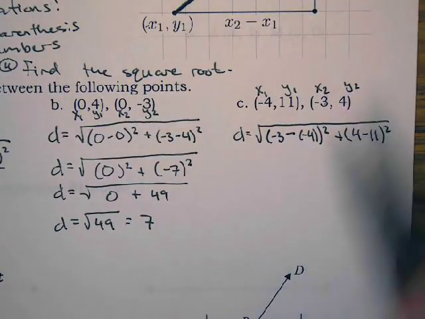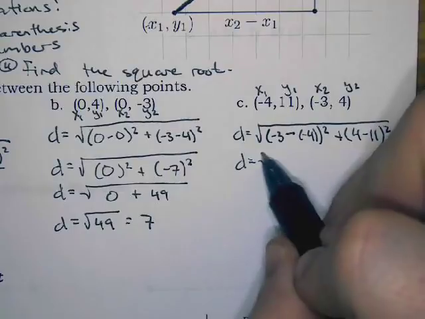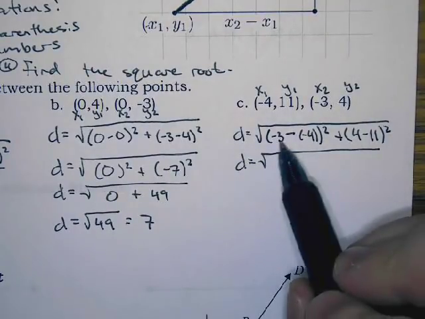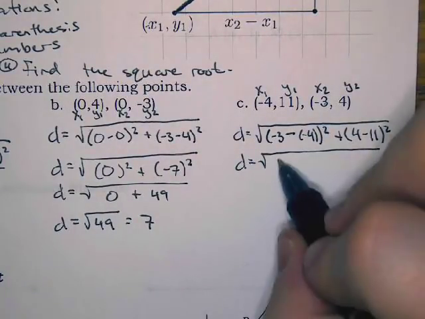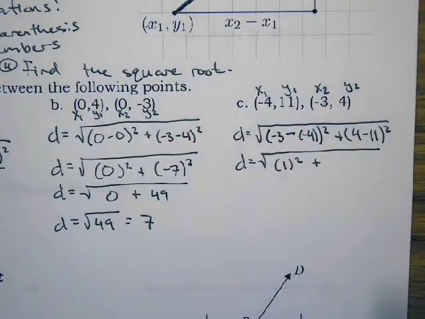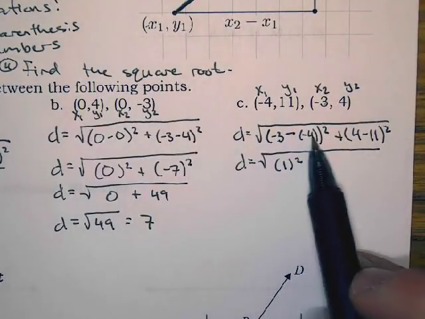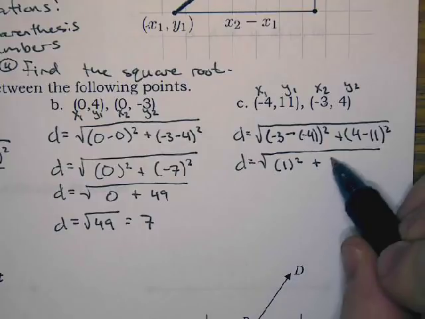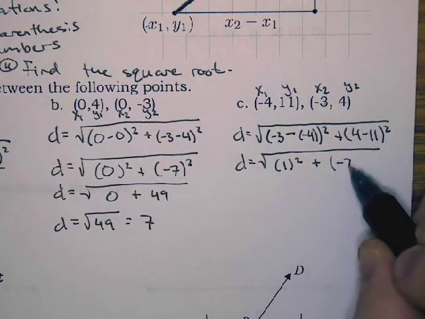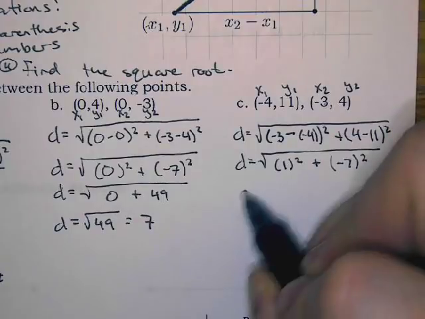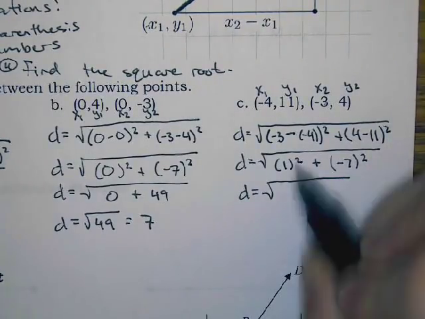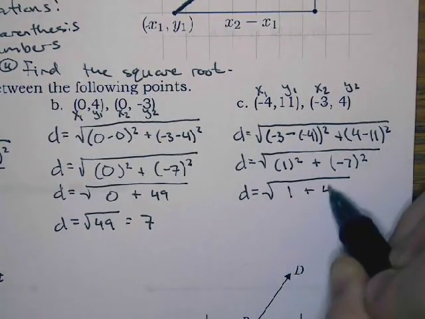So minus and minus becomes plus. So we have distance is equal to the square root of negative 3 plus 4, so that'd be 1 squared, plus 4 minus 11 would be negative 7 squared. So the distance would be equal to 1 squared is 1 plus negative 7 squared is 49.